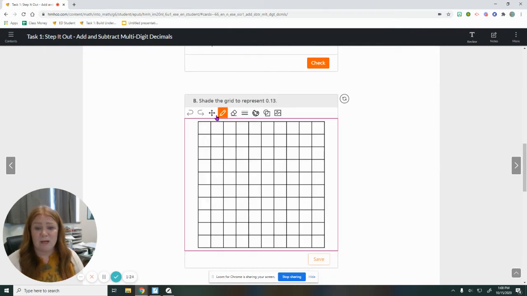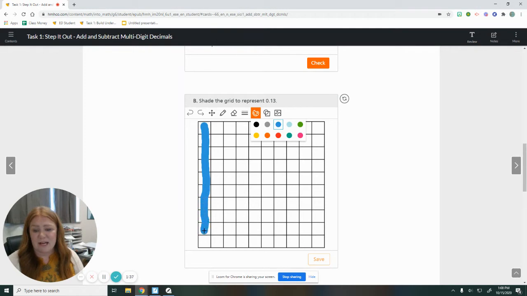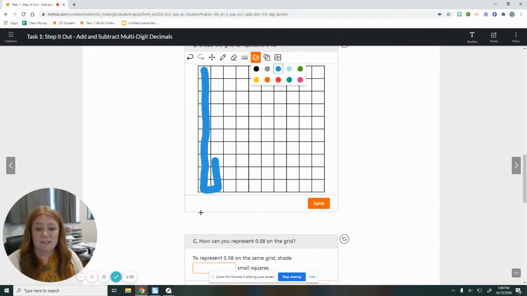You're going to pick one of these colors, and shade in 13 squares. I'm going to use this blue color. So 1, 2, 3, 4, 5, 6, 7, 8, 9, 10, 11, 12, 13 of my squares are shaded in. So this is what I have to start.